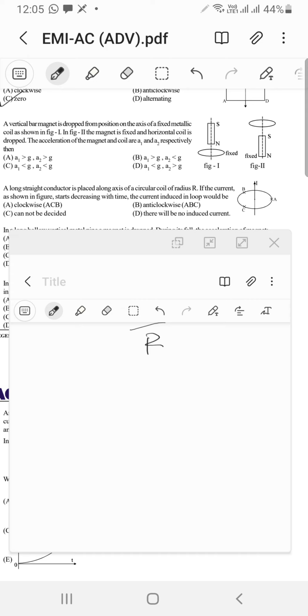I don't think magnetic field can do that much effect. It should majorly be the weight. No, wait, no. Okay, it could be that the forces are the same and then the masses are different, something like that. We didn't get the masses, so I'm going to assume the bar magnet has more mass and this coil has less. Cool.